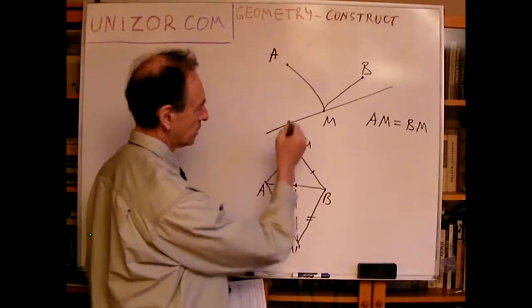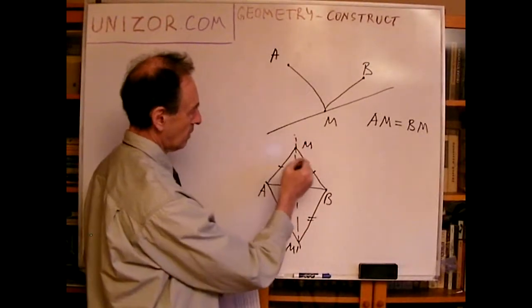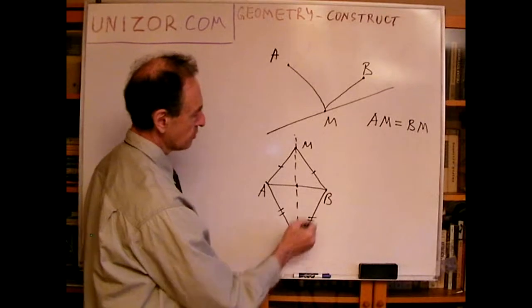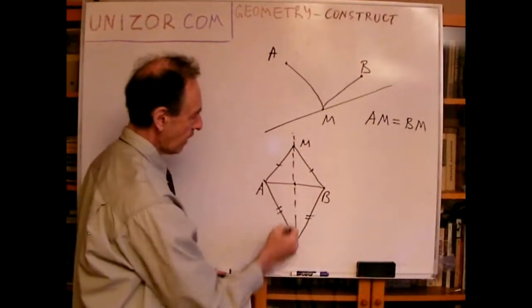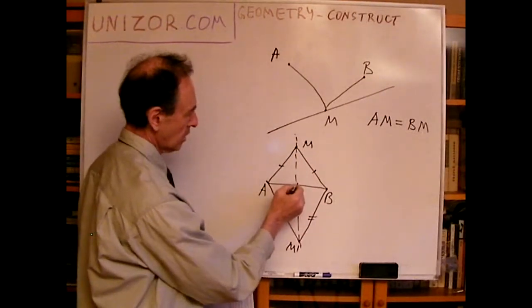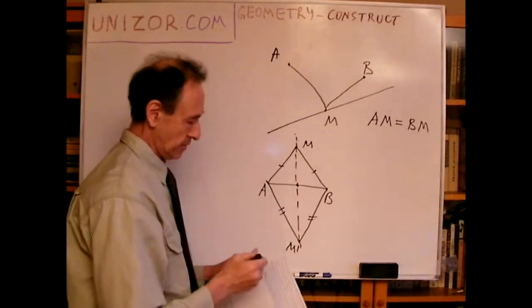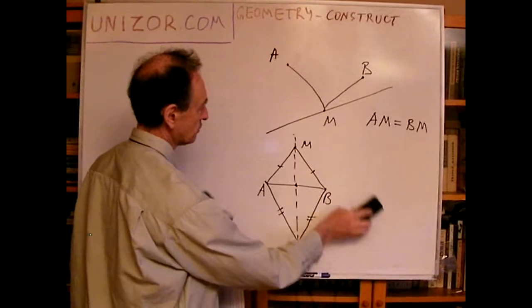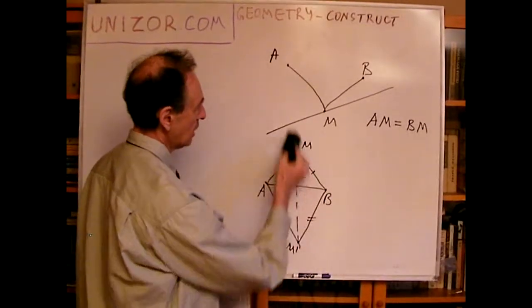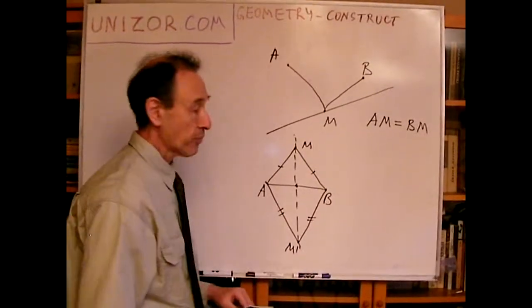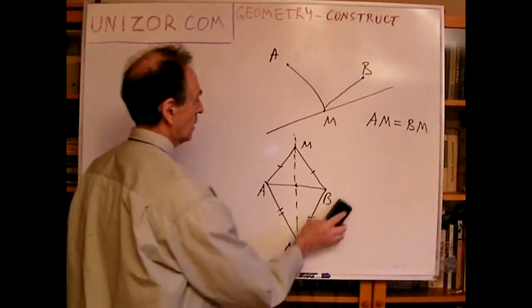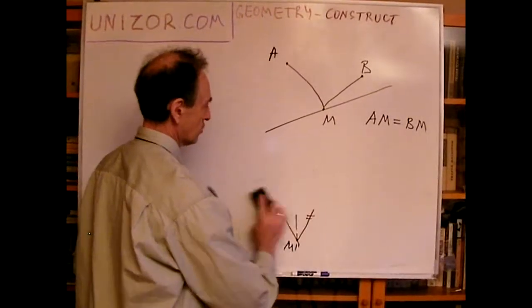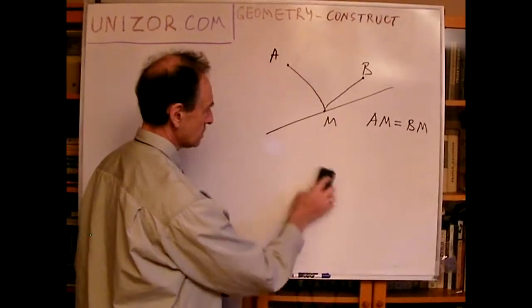So no matter where my equidistant point is, it's on the same perpendicular which falls in the middle of AB. So the locus of all the points equidistant from two given points A and B is a perpendicular bisector to a segment which connects these 2 points.